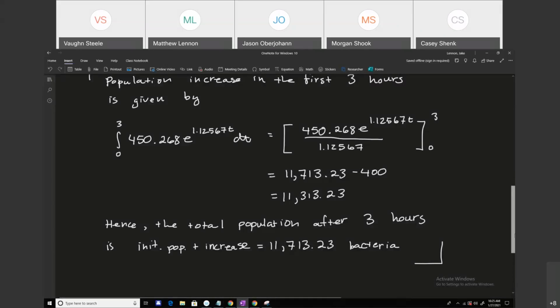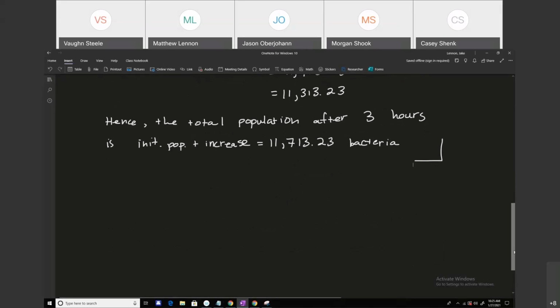We're going to be doing 5.3, number 29, which is just a straightforward problem on doing an average value. So this one doesn't have any context or anything like that. It's just simply find the average value of the function.